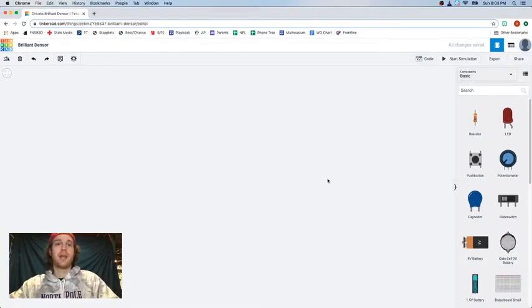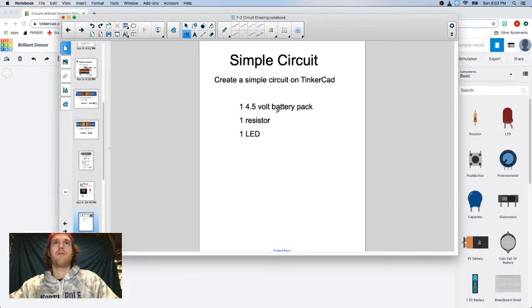So let's go ahead. It says use a 4.5 volt battery pack, 1 resistor, and 1 LED. So if I have 4.5 volts and I want my LED to operate at roughly, I think we want around 15 milliamps for the LED.